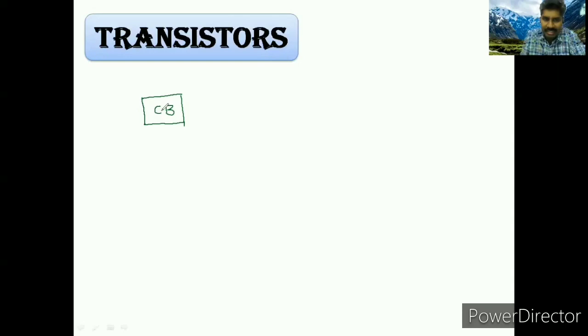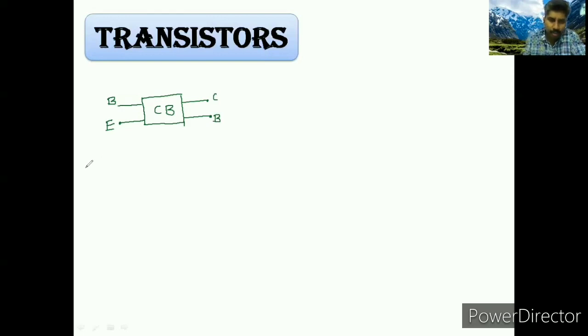So CB, common base, we can write. This B you can write here, B. This collector you can write here, C. The remaining emitter, you can put here. So common base means base will come two times: one side over, another side you can write. This is the base.